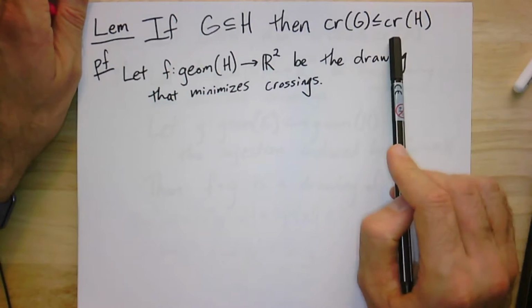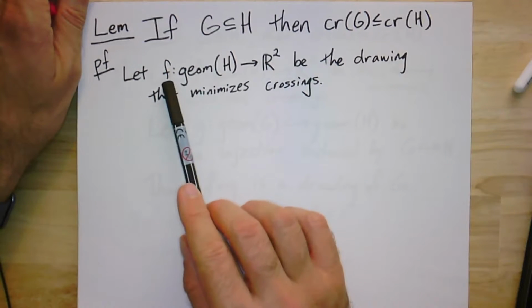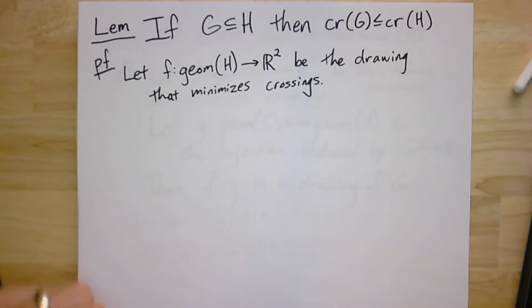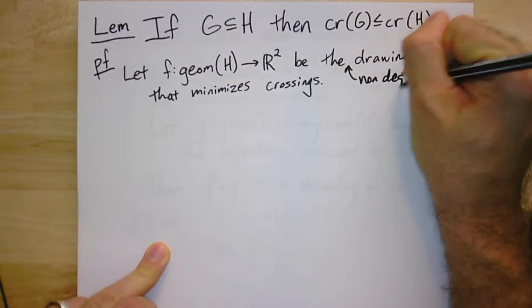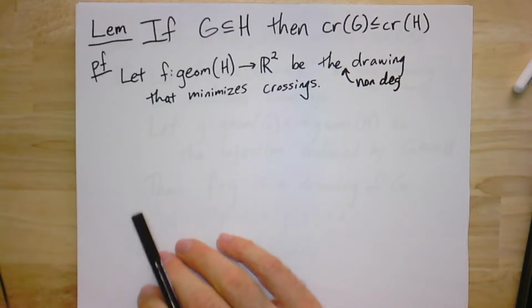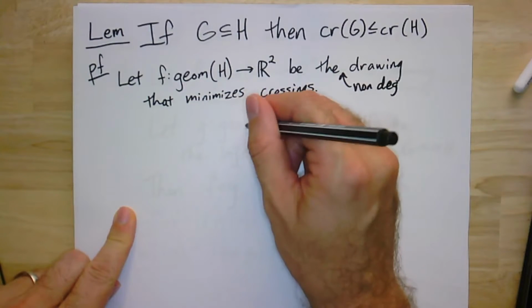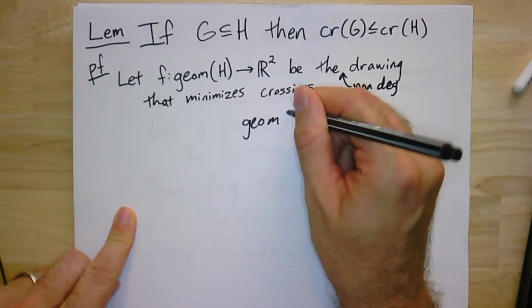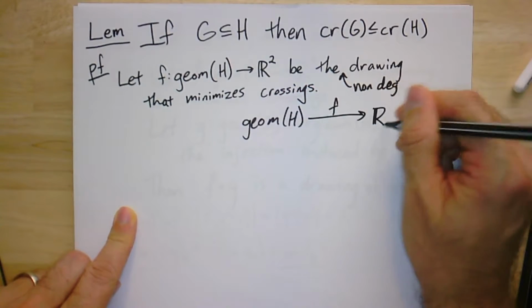If we want to reason about this, we start with the crossing number of H. In particular, we look at the non-degenerate drawing that minimizes crossings. So F is really that map that gives us the minimum number of crossings for H. I'll write it like this to the plane.